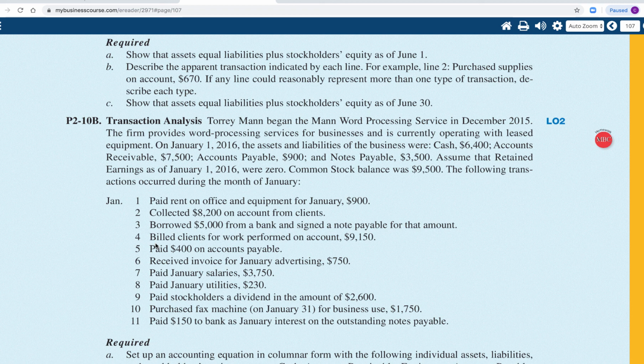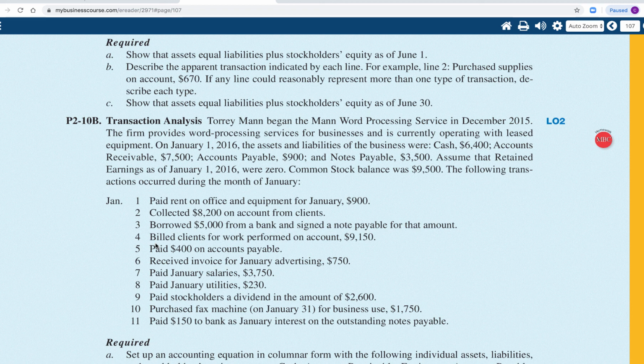What are we getting for performing revenue? Are we getting cash? No, we're not. The reason why is because it says we billed clients for work that we performed on account, right? We said, sure, we'll provide you with these services of $9,150. You need to pay us.